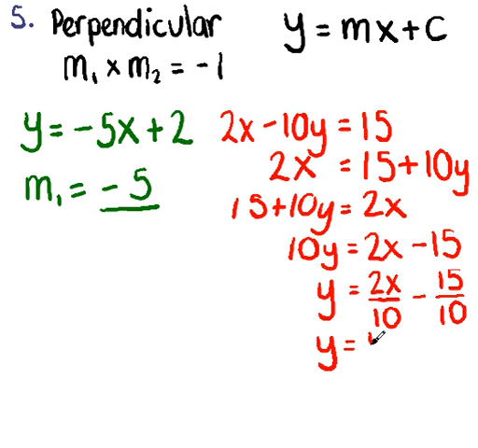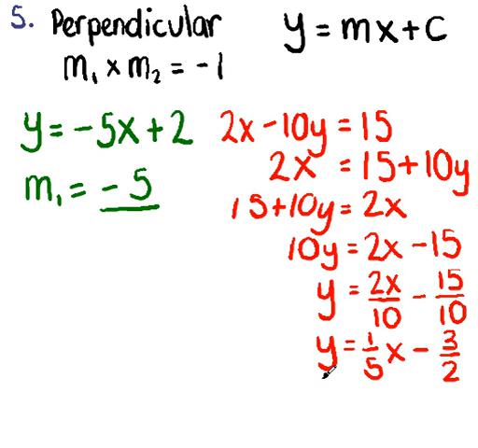So we have y equals 1/5 x minus, and then we have 15 over 10, which can simplify to 3 over 2.